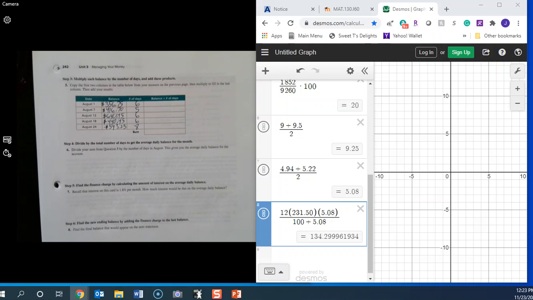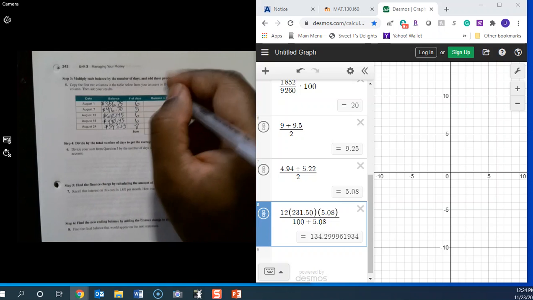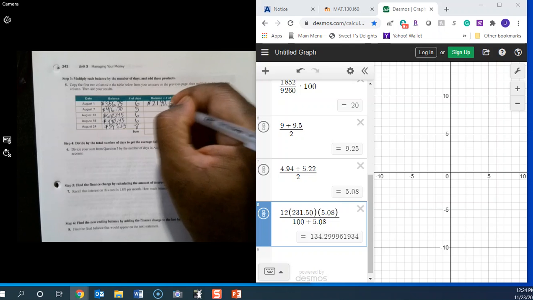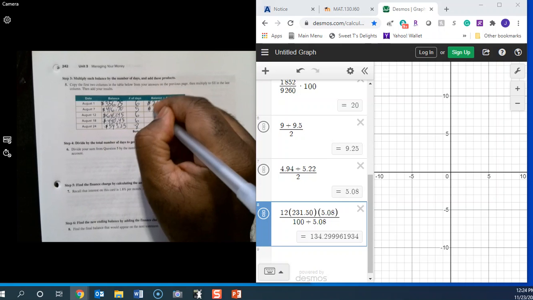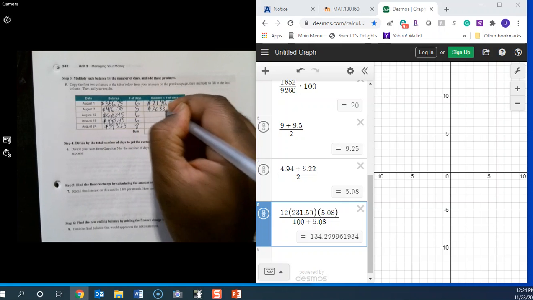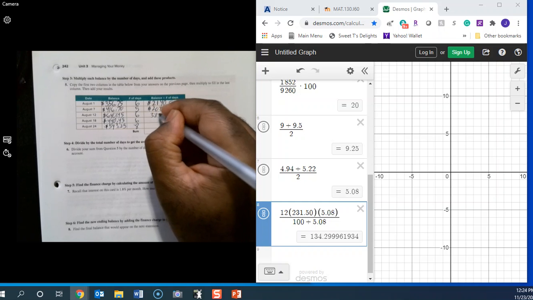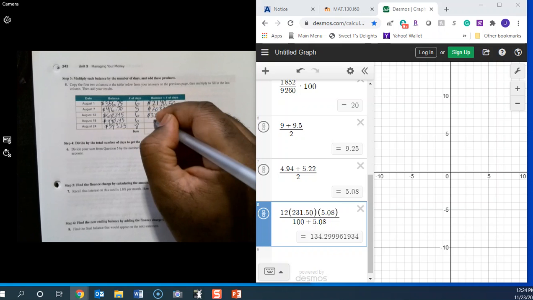Now what they want us to do, they want us to take the balance and multiply by the number of days. And when we do that, that will give us $2,140.50. And then we do it with the rest. So this will give us $2,083.50. This will give us $3,842.70.